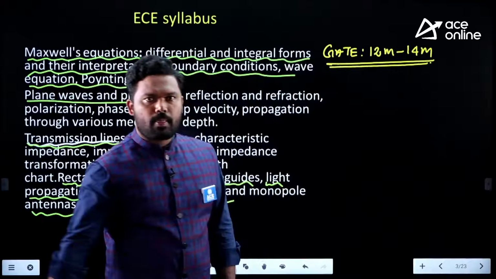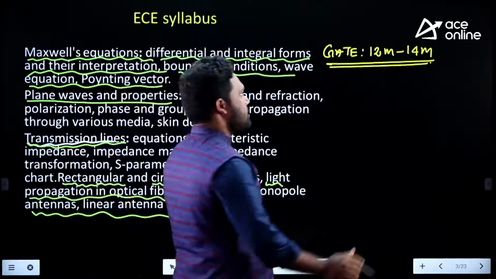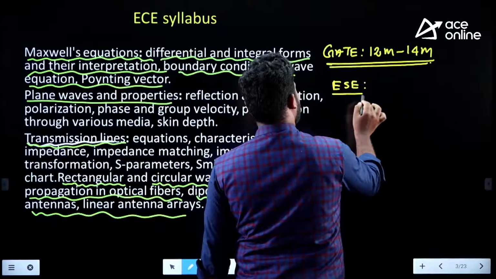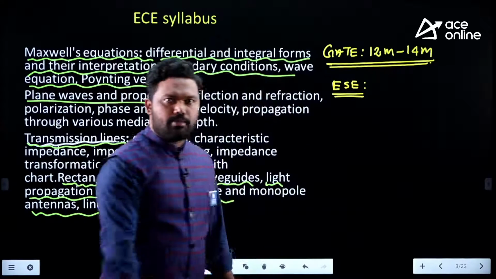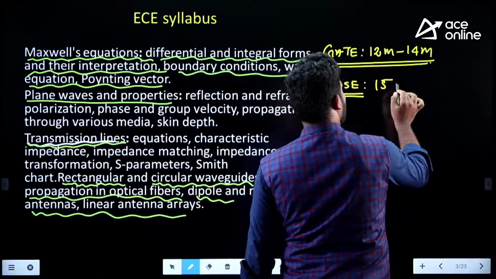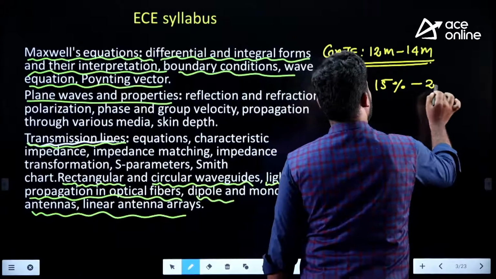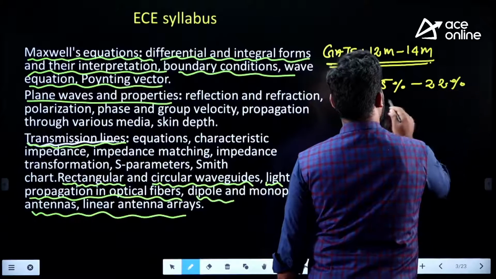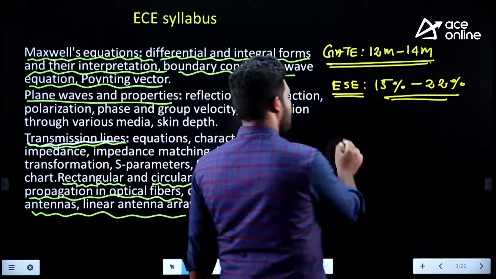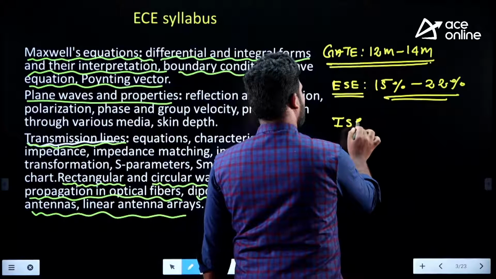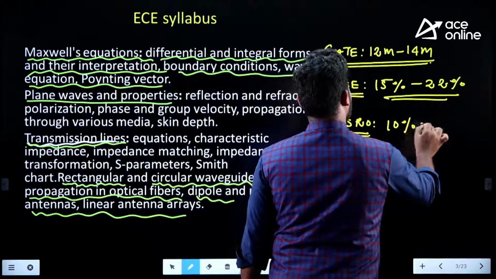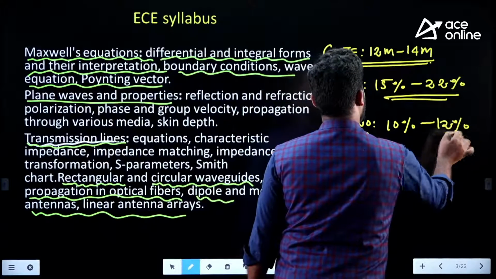In the engineering services paper, including prelims and mains, I'll talk in terms of percentage: 15 to 22% of the weightage is given for this subject. And in the ISRO paper, 10 to 12% of the questions are asked.